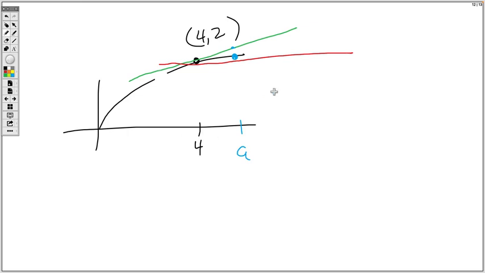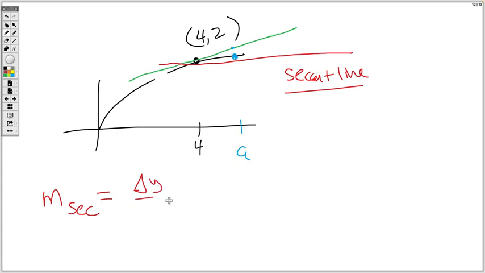Right? This is called a secant line. A secant meaning to cut through. So I only have one point on the tangent line. I can't make a slope with that. So I'll pick another point on the curve that's close to that point. I'm going to call that the secant line. And let's look at the slope of the secant line. That's your change in y over change in x. And what would that be?